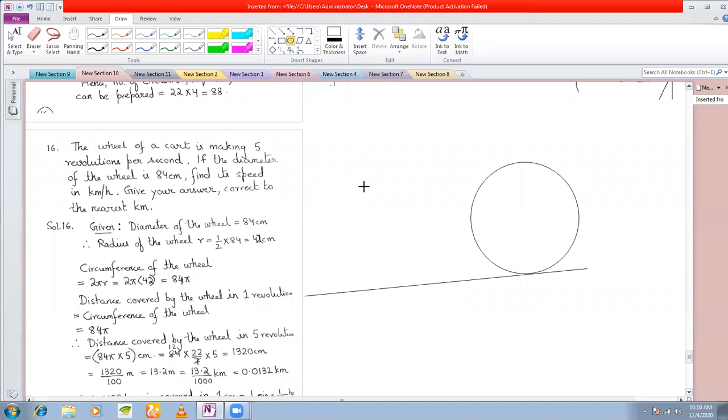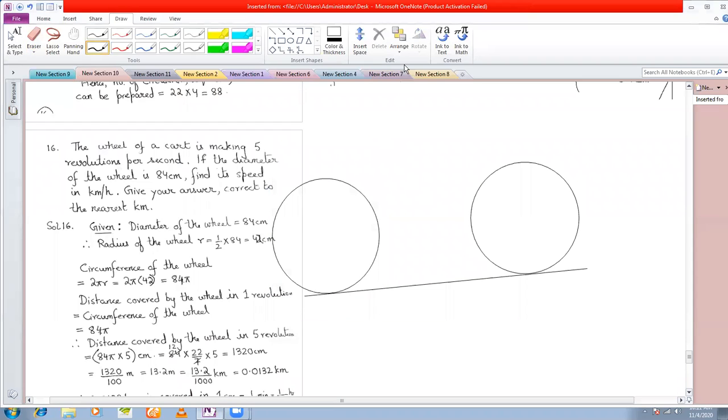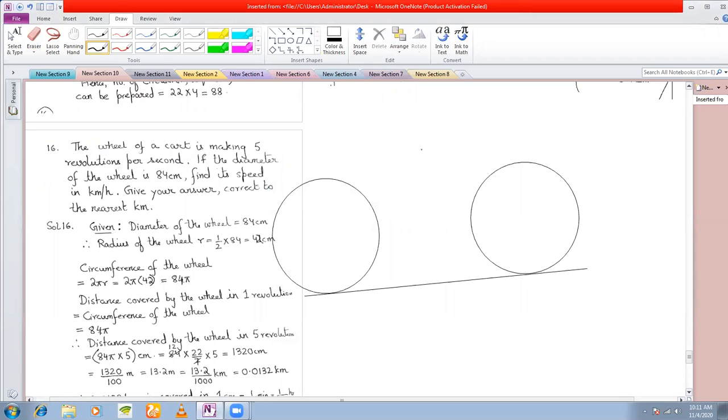The wheel of a cart reaches this point here after 1 second. So in 1 second, this wheel moves from this point to this point.